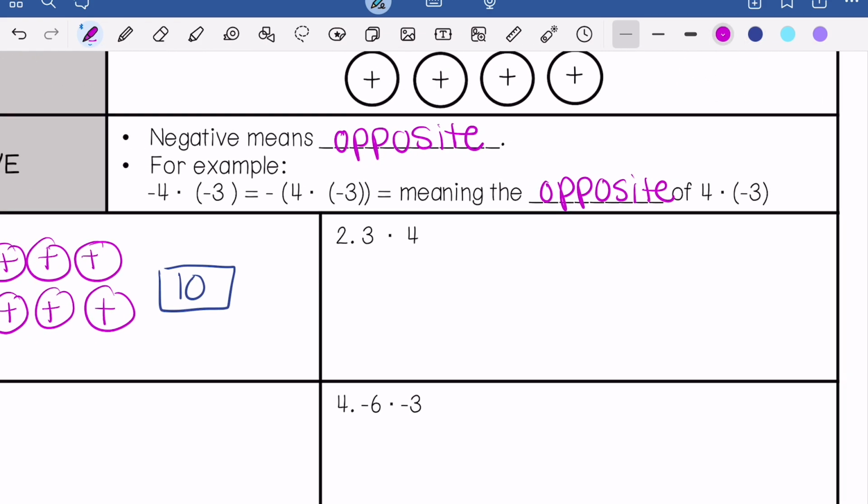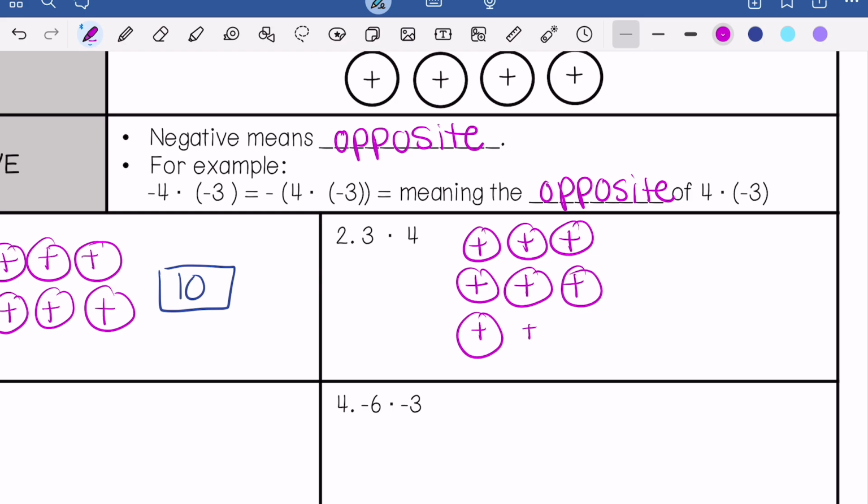This one I could do three groups of four or four groups of three and get positive 12.